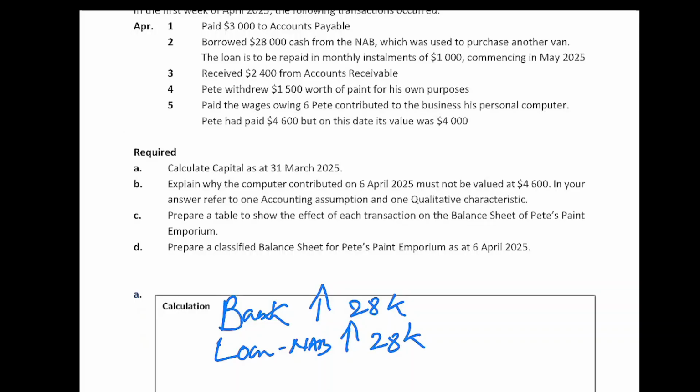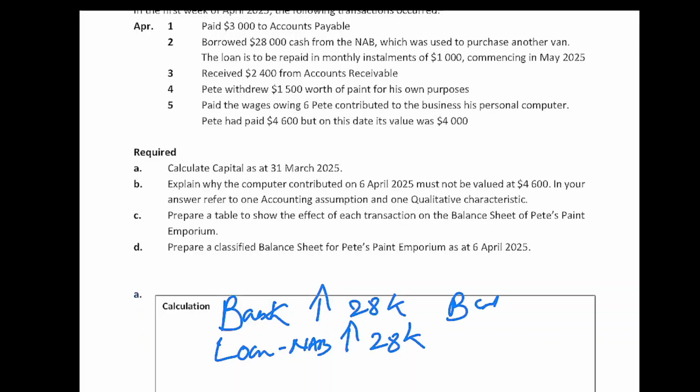Next moment you are paying it to the vehicle supplier to purchase the vehicle. So what happens to your bank then? It decreases. Bank decreases.